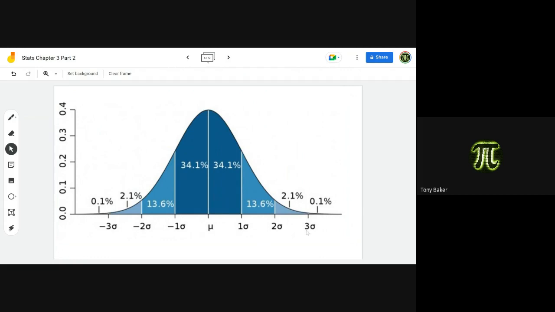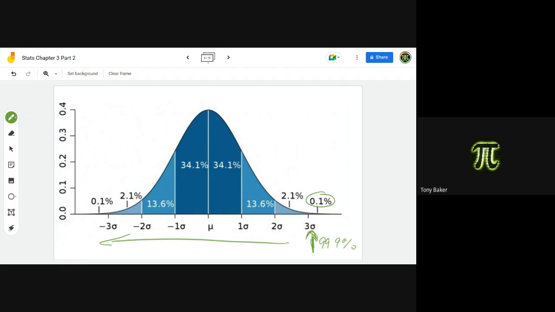So if I'm over here, if I'm right here, that's where I am. How much is on this side of the graph? There's 0.1% left over, right? So right there is 99.9%.